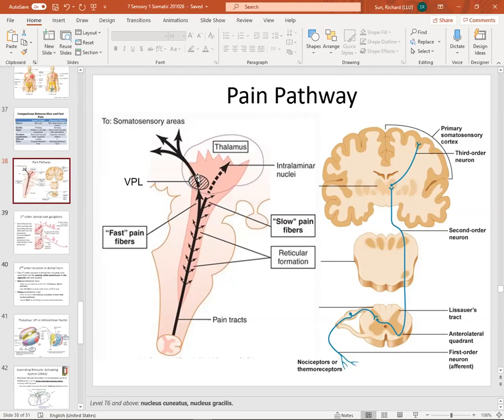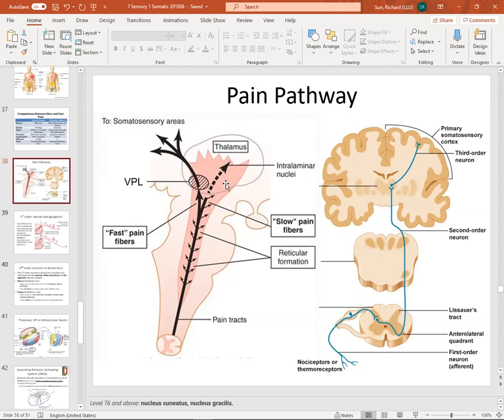This is the same region that processes the DCML pathway. Another region is the intralaminar nucleus. This one takes the signal of the slow pain.